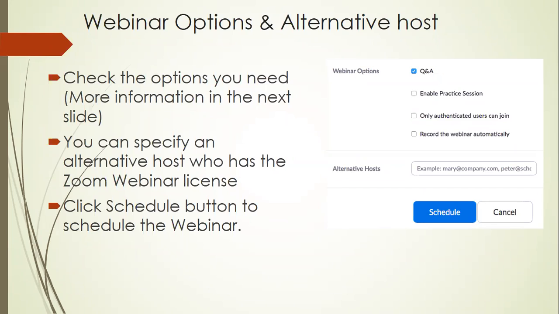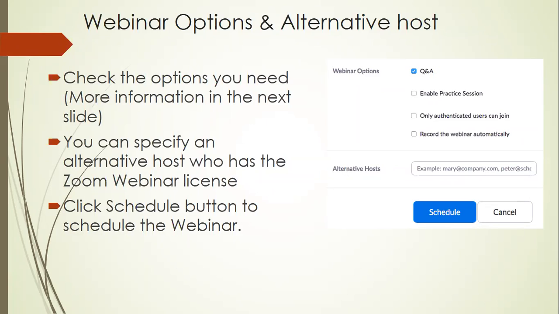I explained that there is a place to write the alternative host. I did some searching on whether the alternative host needs to have the webinar license. As per my understanding, that person also needs to have a webinar license. But if you want more clarification, you can clarify with Learn, and I'll ask someone there.